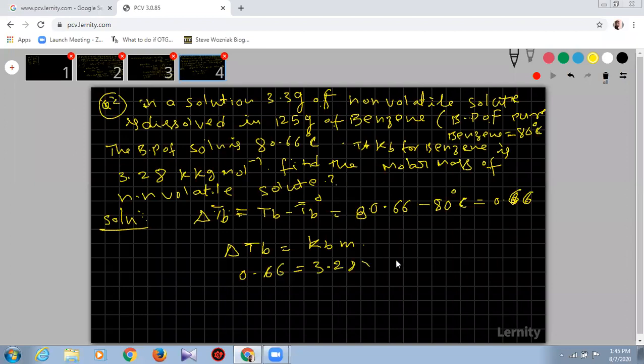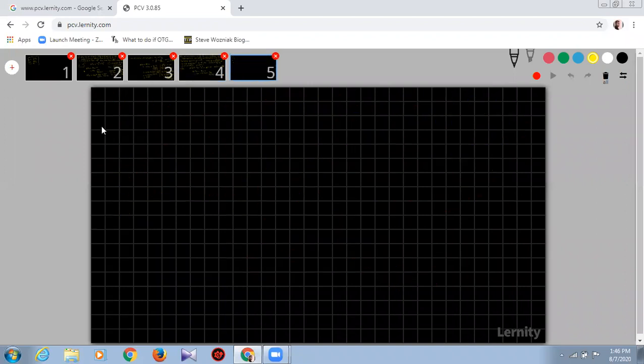Number of moles of solute, that is n2 by W1, that is number of moles of solute per kg. Okay. Now, 0.66 is equal to 3.28 into what is this here? 3.3.